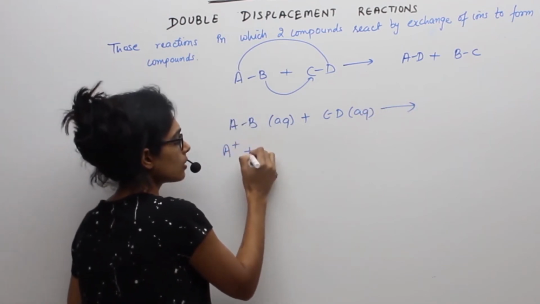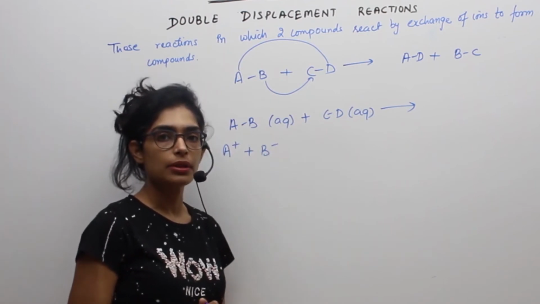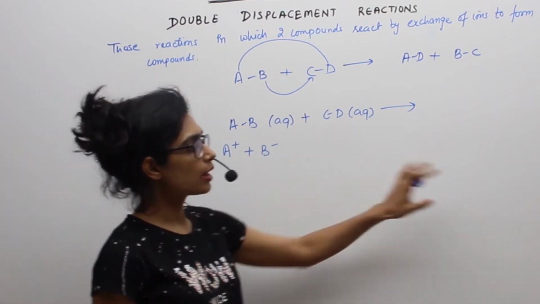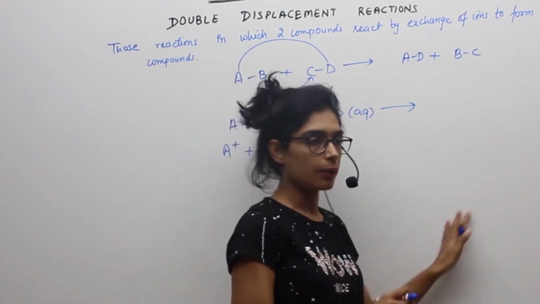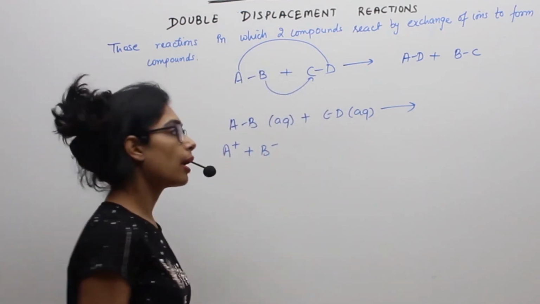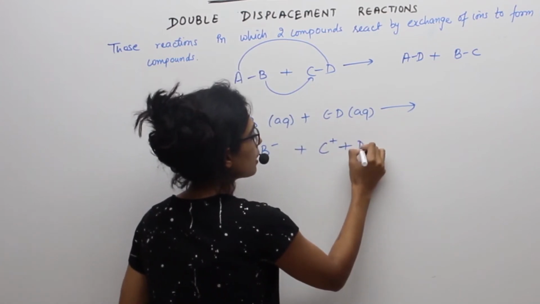These A, B, C, D are all ionic compounds and they split in the aqueous solution into respective ions. That we had discussed in the case of displacement reactions also. I was just doing the ionic reaction at this part. So assume that these are ionic compounds and they'll split into A plus and B minus. Similarly, C plus and D minus will come in the solution.